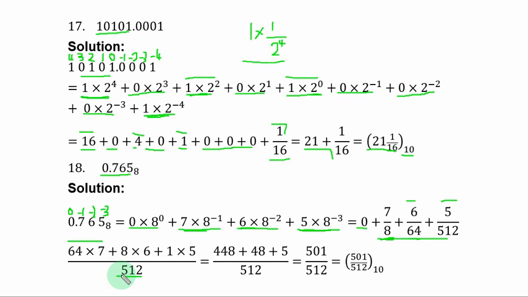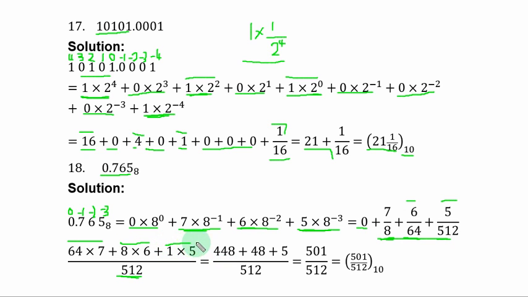The same, 512 divided by 64, you have 8 times numerator 6. Divide the LCM by the last denominator 512, you have 1 times numerator 5.